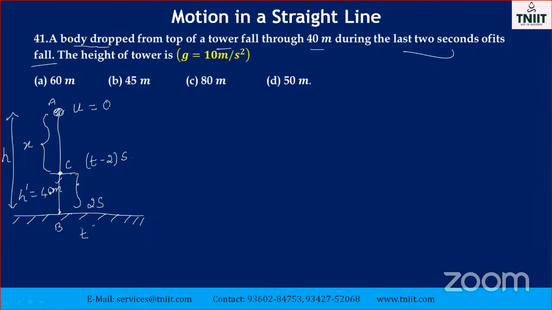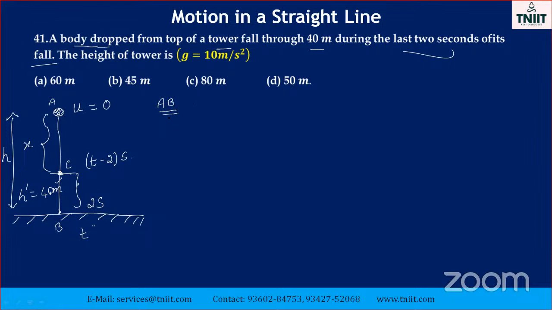Simplify, students. How to simplify? How to find the height of the tower? Let me write the equation for A to B first.